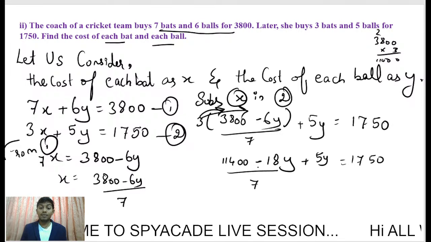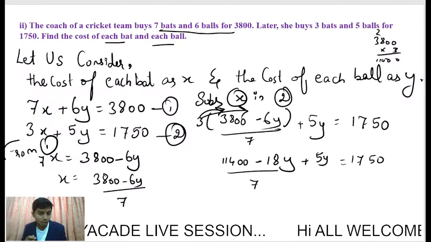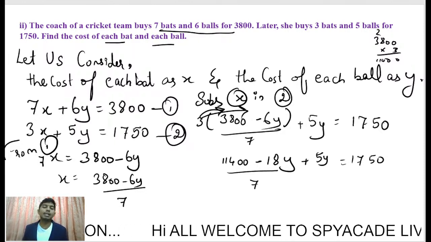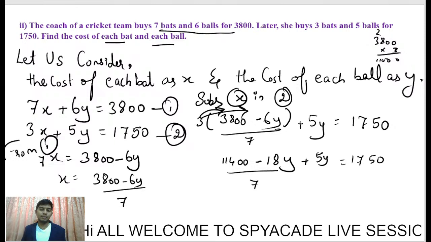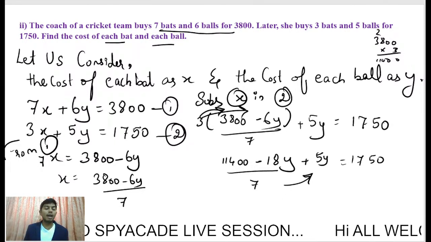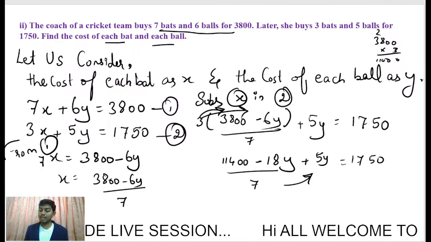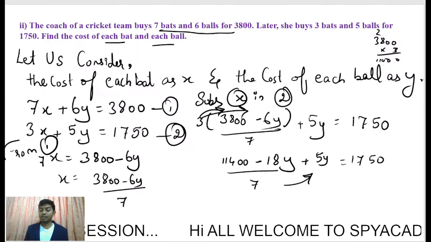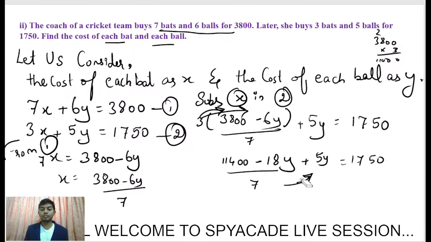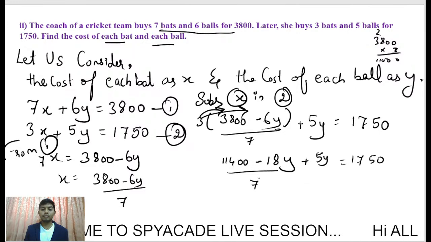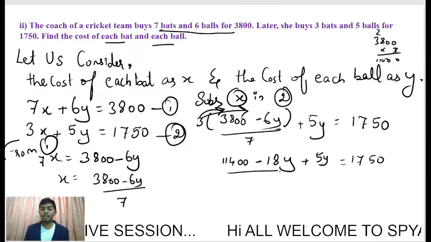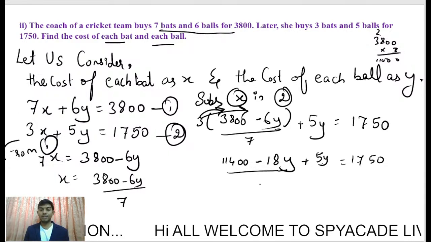But for the first two terms we have the denominator 7, and for the third term we don't have a denominator, which means the denominator is 1. So we have to multiply that also, and then write it together so that it will be easy.